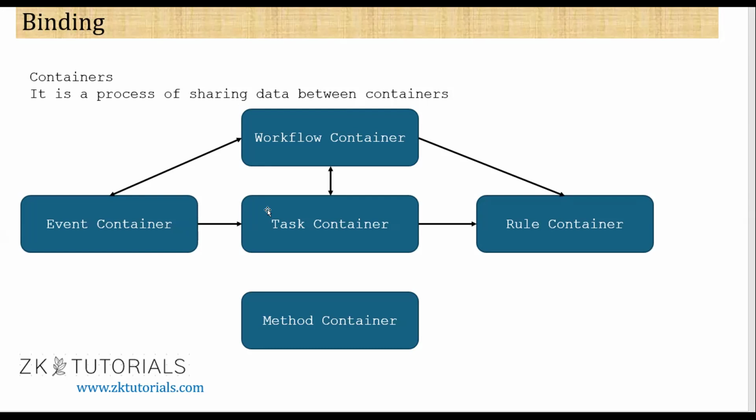Then finally, between the task container and the method container, it is again bidirectional, guys. From the task container to the method container, we can send the data. Also from the method container to the task container, we can send the data.